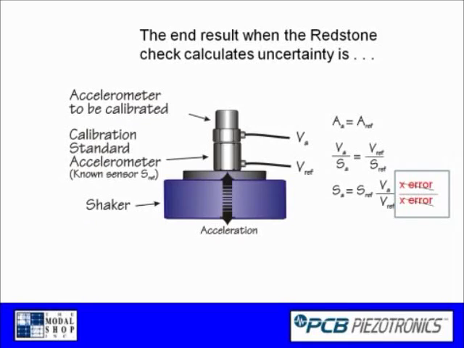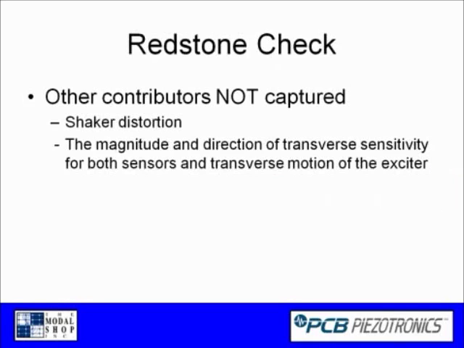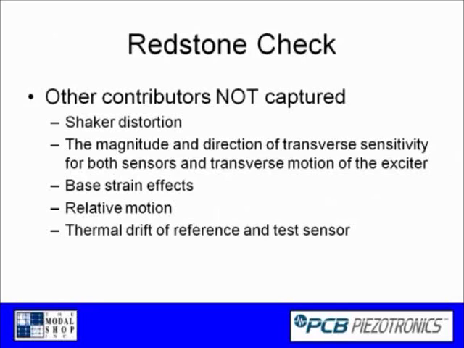Any systemic error in the system that occurs during the first part of the test and the second part of the test cancels out. Now, transverse motion is the error that we demonstrated disappearing under the Redstone check, but there's actually a number of other factors that are also not captured.